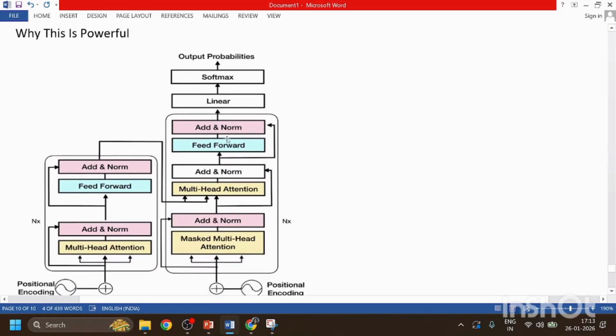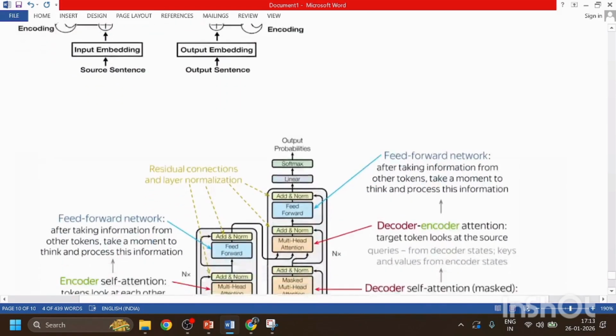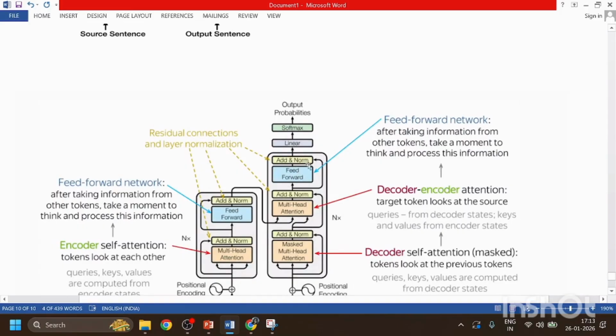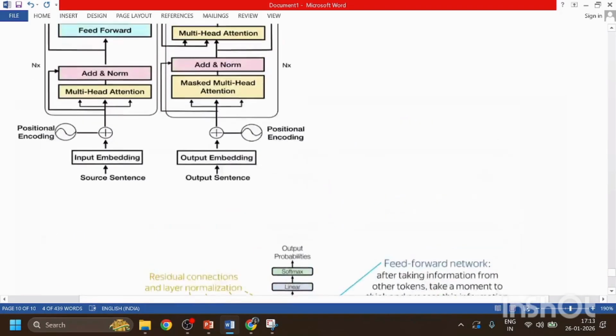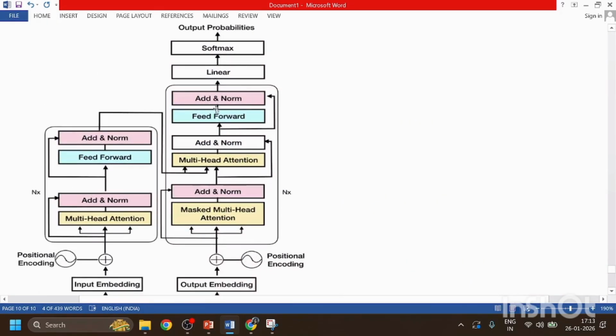After this we are going to move to the final layers, and I'm going to explain this.